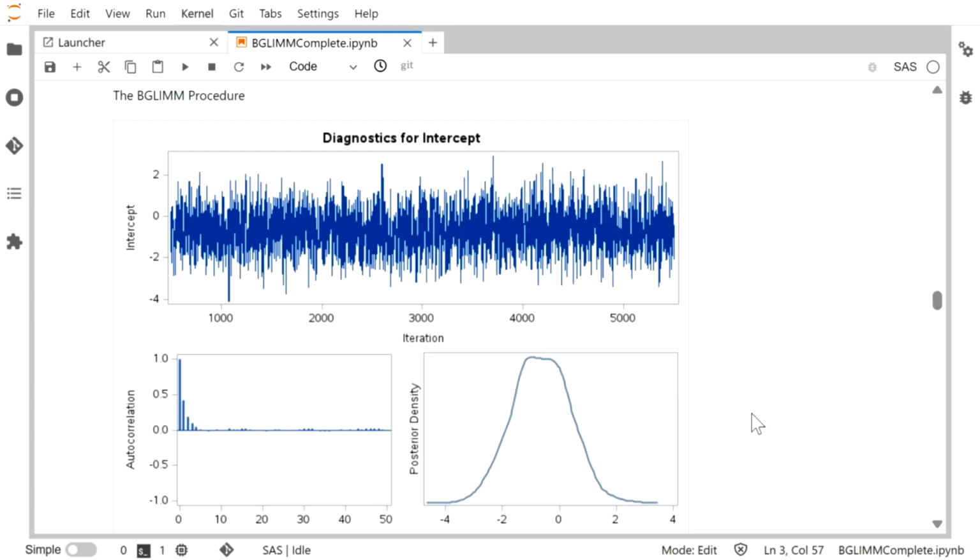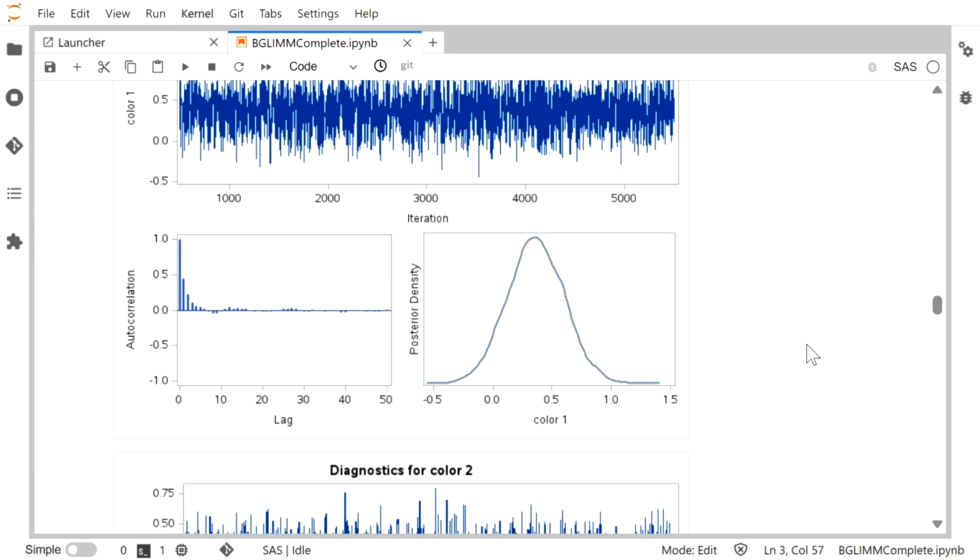The density plot is actually a visualization of what the posterior for that parameter looks like. Do you know what's a good thing you can use this for? This is a way you can visualize if a variable is helpful or not. Remember, these are beta hats in my problem. So if I look at this, 0 has meaning to me.